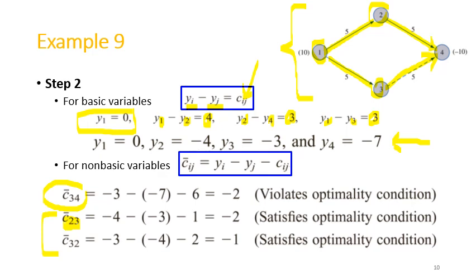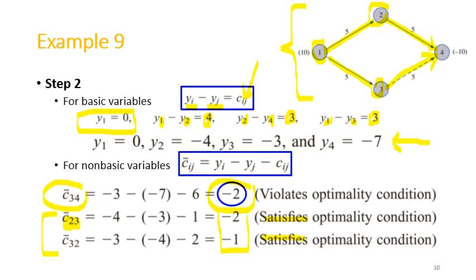For the variables at the lower bound, it is okay if the value of c hat is less than or equal to 0, so they satisfy the optimality condition. For the non-basic variable at the upper bound, however, if the value is negative, it violates the optimality condition, because the c hat should be greater than or equal to 0.